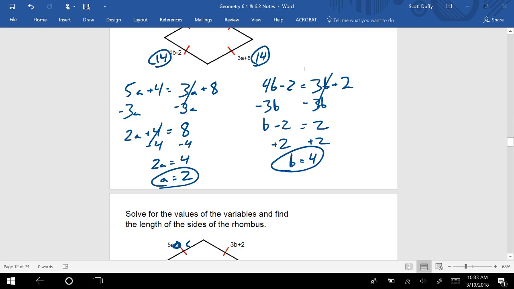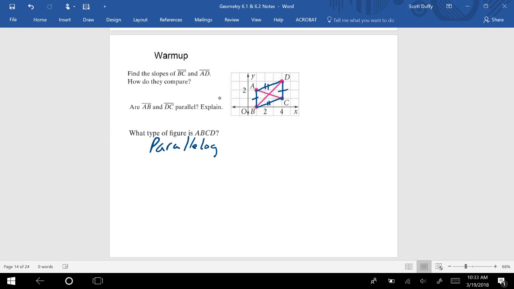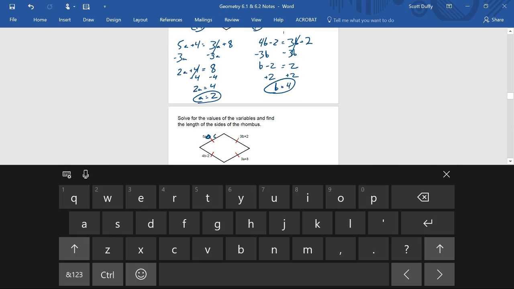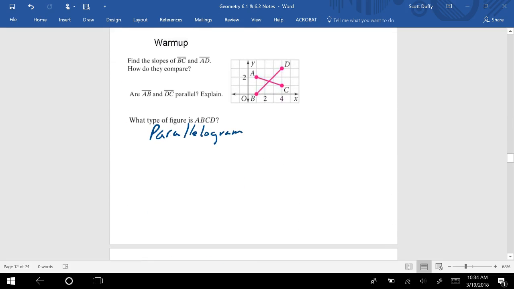Now, if I want to find the slopes of BC and AD, well, I know that B is at 1, 0, and C would be at 4, 1.